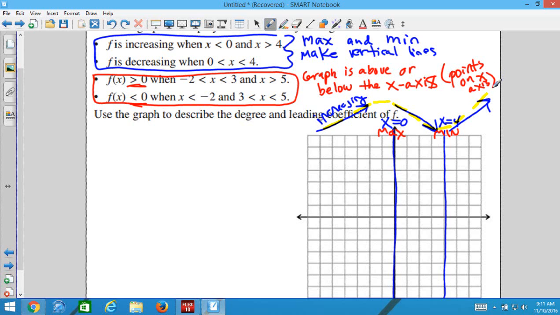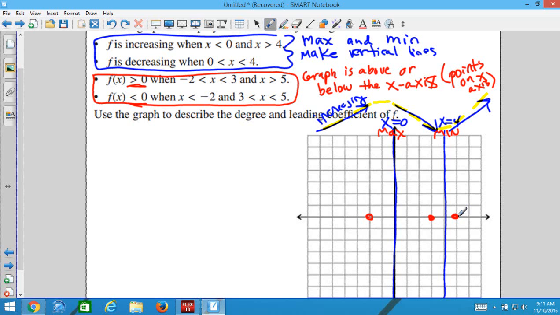So this says f of x is greater than 0 when x is between -2 and +3, and when x is greater than 5. So I'm going to go to -2, +3, and 5. And then it says it's lower than 0 when x is less than -2 or between 3 and 5, which I've already put those dots on the graph at -2, 3, and 5.